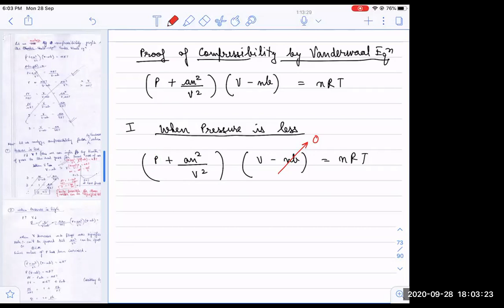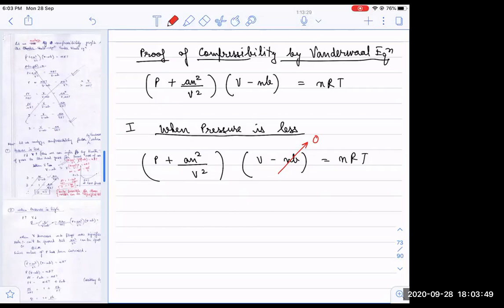So whatever small the amount an square by V square is, pressure is already less. So can we neglect the an square by V square term in the presence of P? We cannot decide. But V and nb we surely can, because these both are volumes.